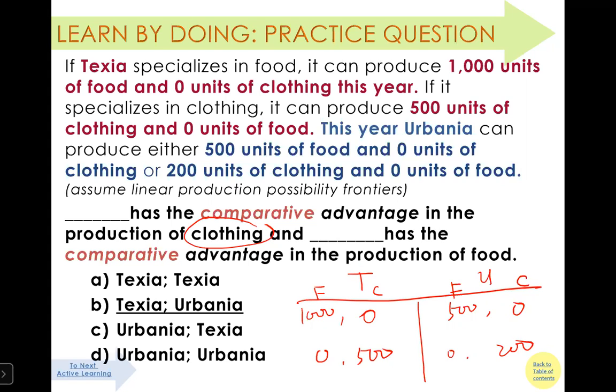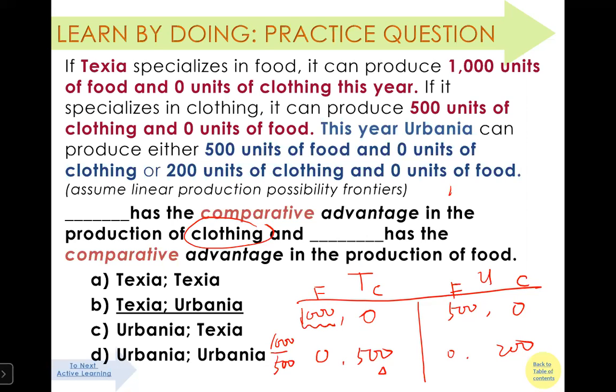So the opportunity cost of the production of clothing in Texia is going to be, let me write it here, 1,000 divided by 500, because in order to produce 500 clothing, Texia must give up 1,000 food.